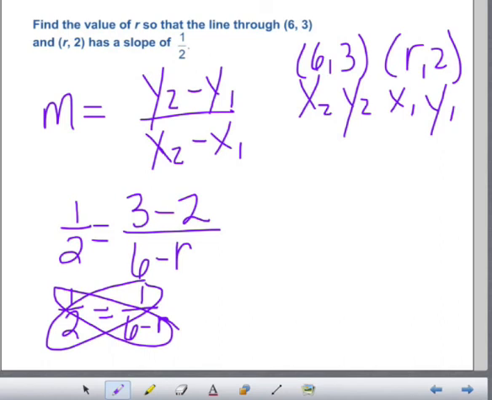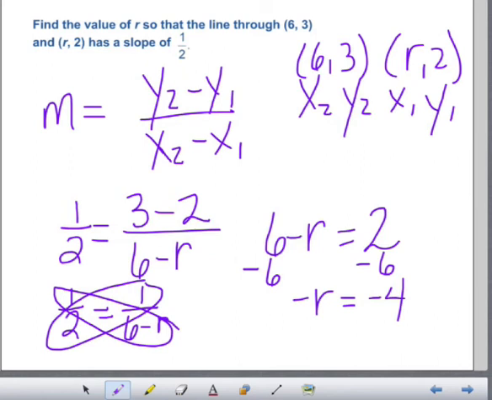So 1 times 6 minus R is just what? 6 minus R equals 2 times 1, which is 2. So I'm going to subtract 6 from both sides. So negative R equals negative 4, but I don't want to know what negative R equals. So I can either divide both sides by negative 1, or you can multiply both sides by negative 1. It doesn't really matter. It's the same thing. I'm just wanting to get rid of that negative. So R would be equal to 4.